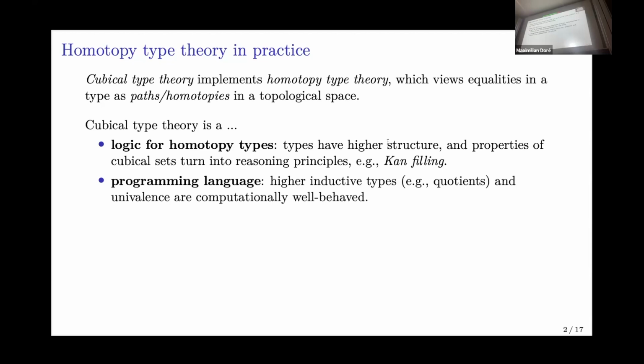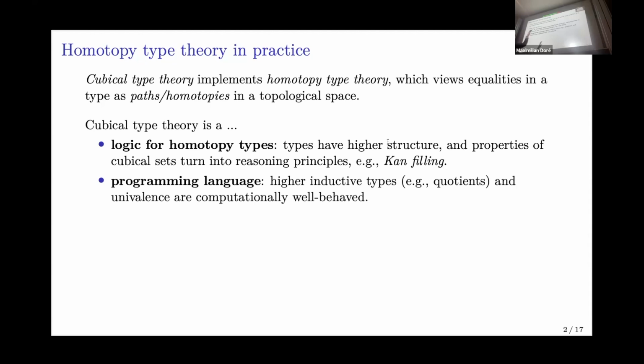And cubical type theory can be seen as a sort of implementation of homotopy type theory. So cubical type theory really takes this correspondence very literally, and it takes some properties of topological spaces and makes them principles of logic. In this way, we can view cubical type theory as a sort of logic for homotopy types of topological spaces, because these equality types really have higher structure, and what was originally a property of cubical sets, a particular model of topological spaces, are now reasoning principles.